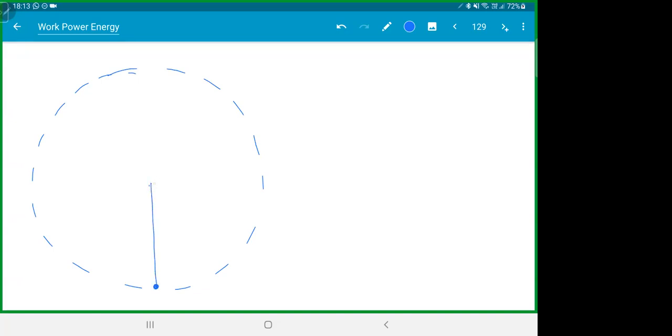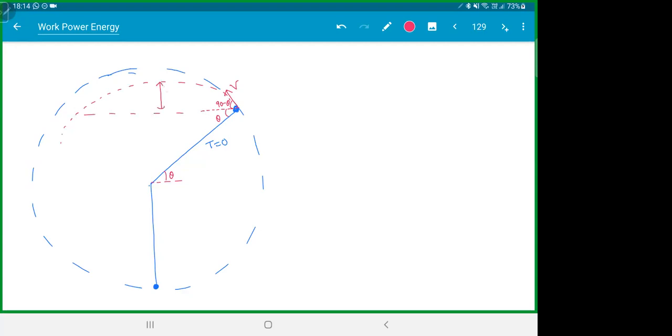When the pendulum is going, at some point here, tension becomes 0. At this point, you have velocity v. If you take this angle as theta, this will be 90 minus theta. Since the tension becomes 0, this will start flying like a projectile.